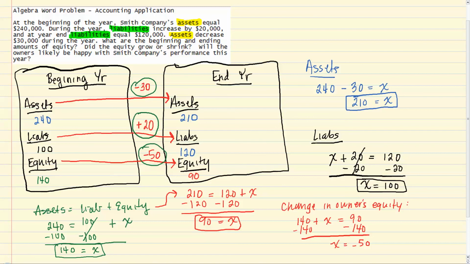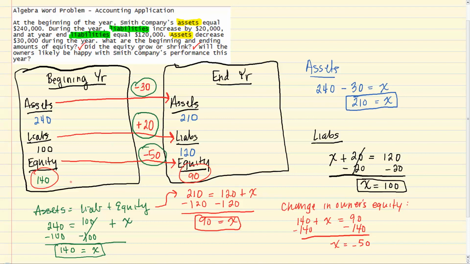So in this case, what are the beginning and end amounts of equity? We have them: 140 and 90. Did the equity grow or shrink? It shrunk by 50. And will the owners likely be happy with Smith Company's performance this year?